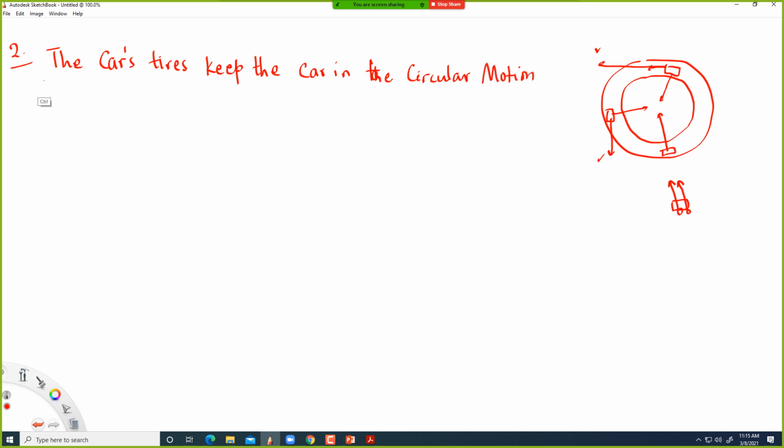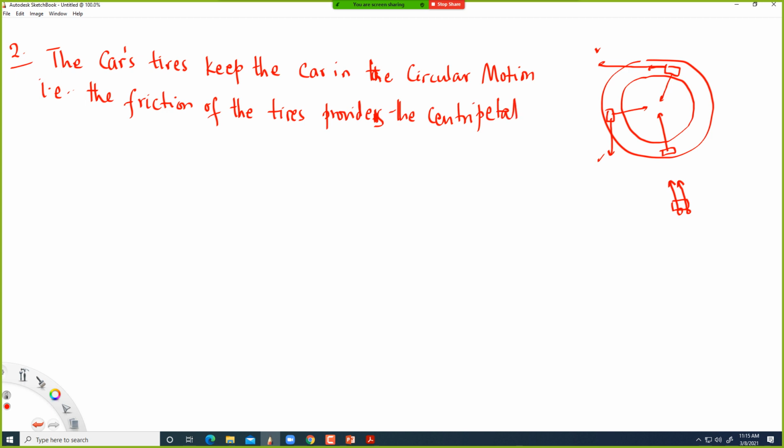Or you can say, I should say, the friction of the tires provides the centripetal force necessary to keep the car in the circular track.